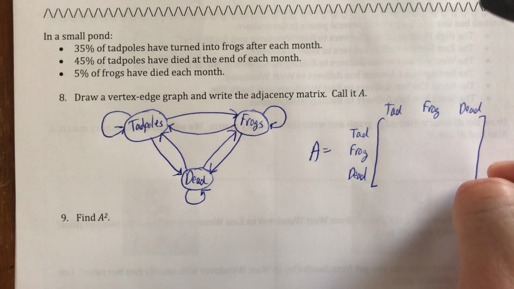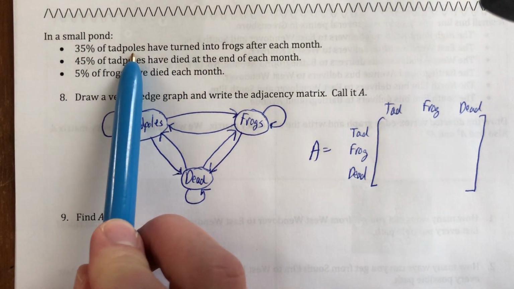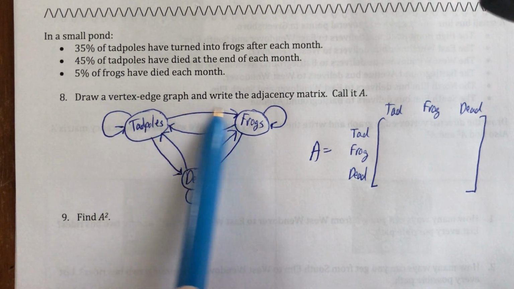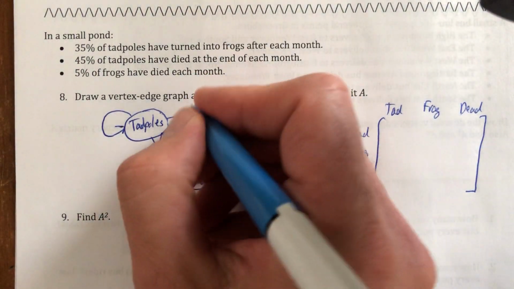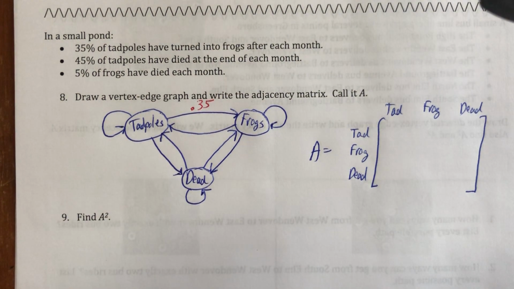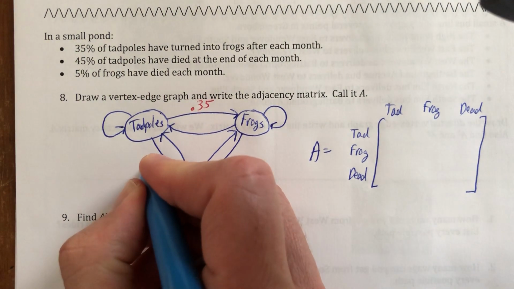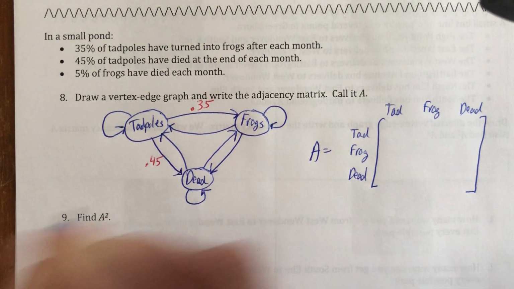Okay. Can't do anything else until we actually read the problem. So let's actually read the problem. Let's start with tadpoles. 35% of tadpoles have turned into frogs. So from a tadpole to a frog is 35%. I'm going to call it 0.35. I will write it in red. 45% of tadpoles have died. So 0.45 have died.